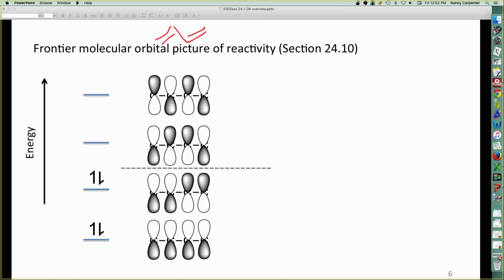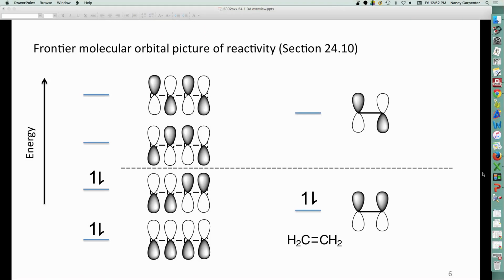We know that our dienophile, ethene, has just the 2 molecular orbitals and the 2 pi electrons. As we look at our HOMO and LUMO, our HOMO is right here. It's the highest occupied molecular orbital on our butadiene.